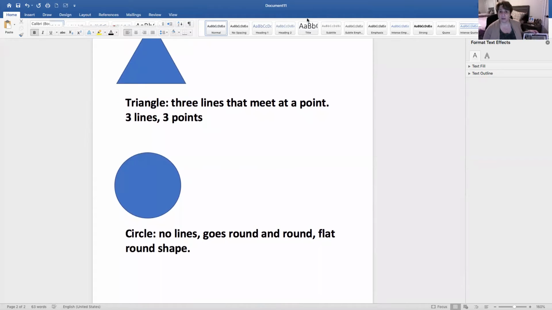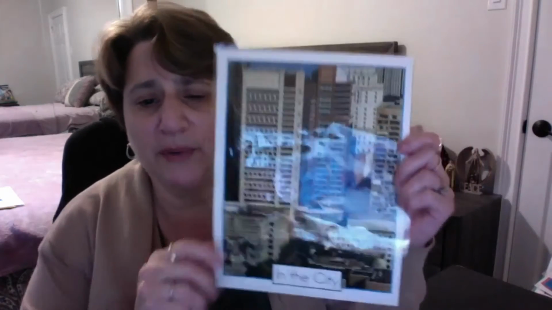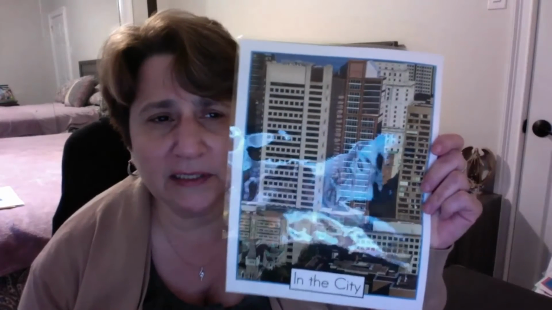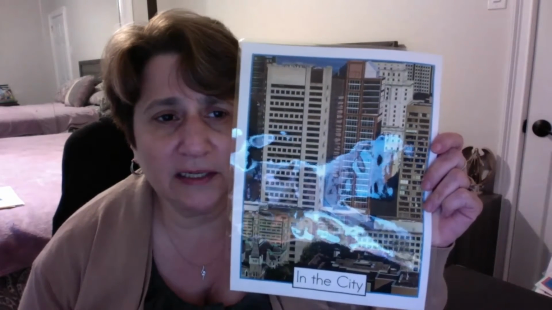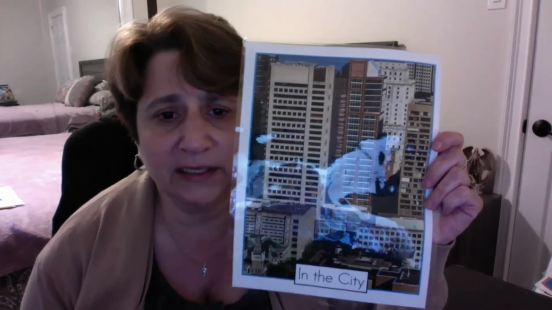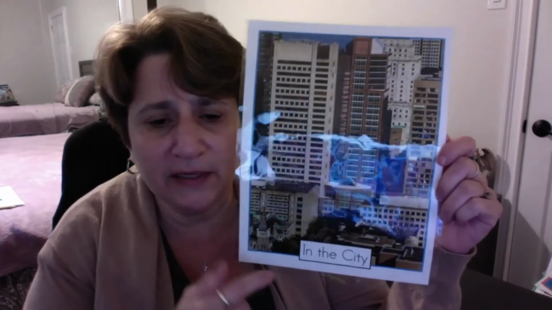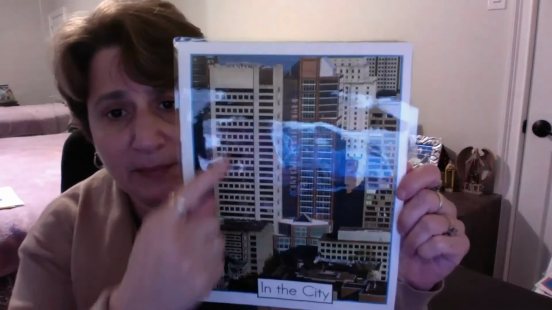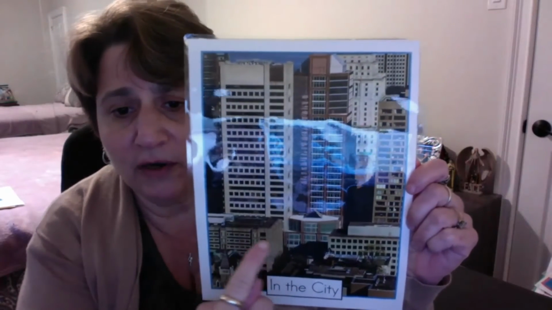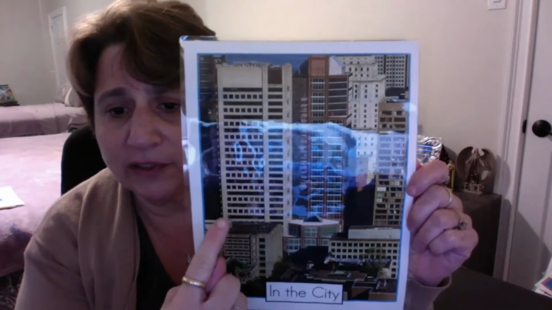I am going to close the screen, and then we are going to begin with first a picture of some buildings in the city. Could you see those there? I'm just going to make it a little bit bigger so you can see it. Okay, ready? So let's look again. This is pictures of buildings in a city. And you could see that the buildings themselves are in what shape? You know what we just learned?